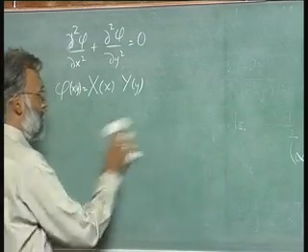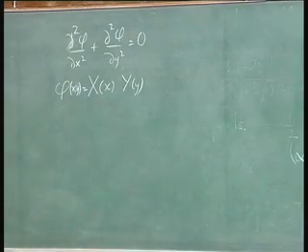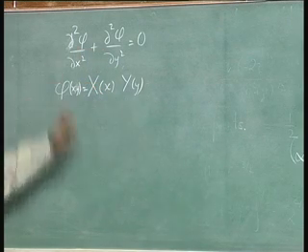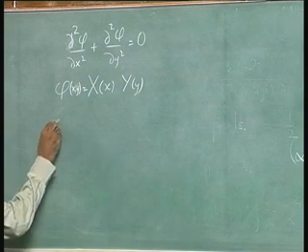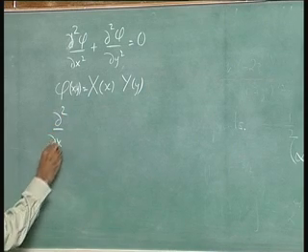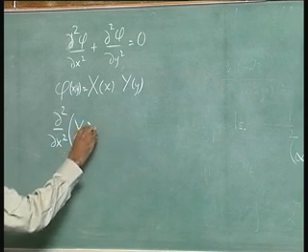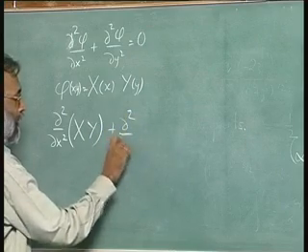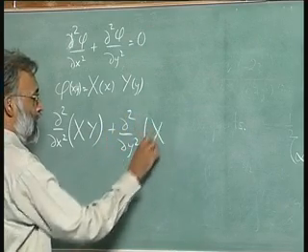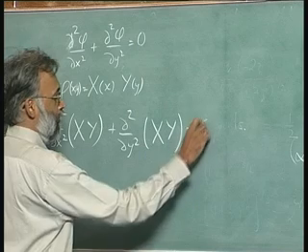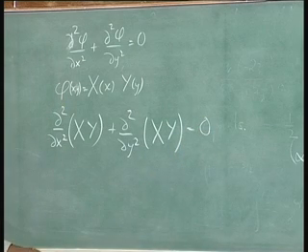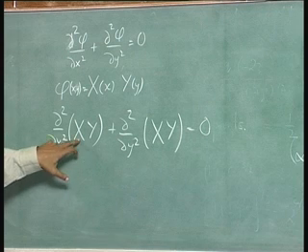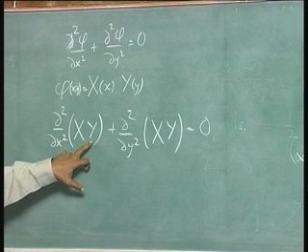Now, if we put this assumption in, what do we get? I am going to substitute this into this equation. So, I get del squared by del x squared of capital X capital Y plus del squared by del y squared of capital X capital Y is equal to 0. Now, capital X is a function of small x, but capital Y does not depend on small x.